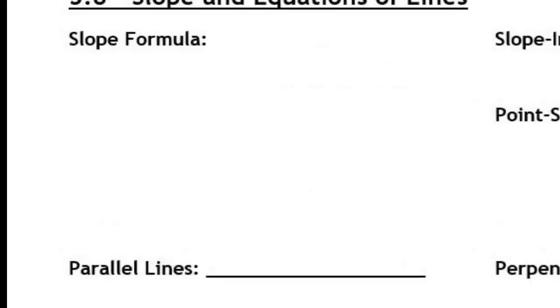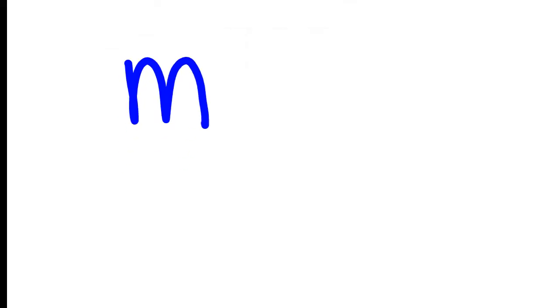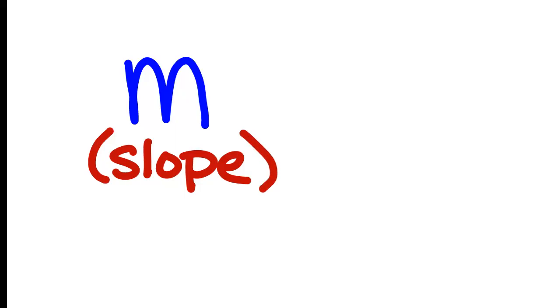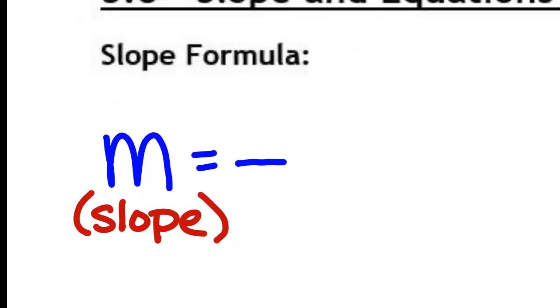Our formula to find slope. We let a lowercase letter m represent slope. And slope is rise over run. Which axis rises? The y-axis.